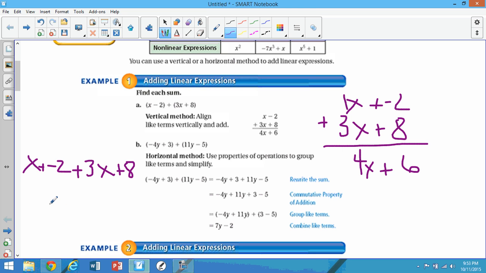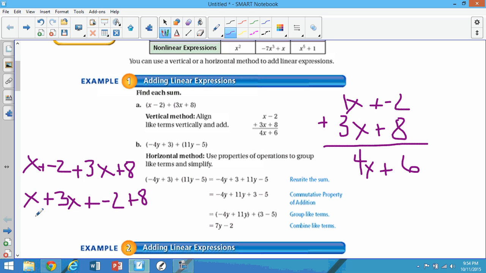What you're going to do when you do problems like this is, because we're adding, I took out my parentheses because the commutative property and the associative property of addition say that really the order in which you add does not matter, and where you put those grouping symbols does not matter. But you have to commute your order. So you have x plus, and then you move that 3x over here, plus, and then the negative 2 and the 8 go next to each other.